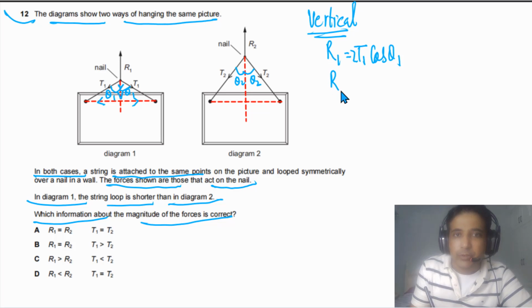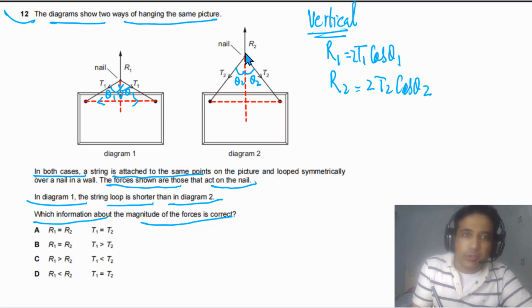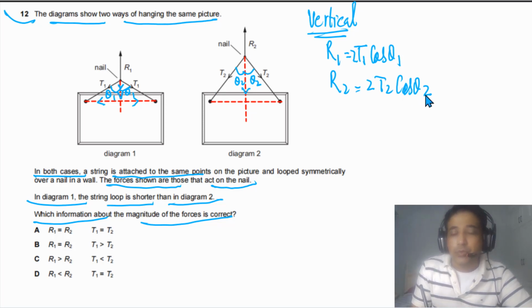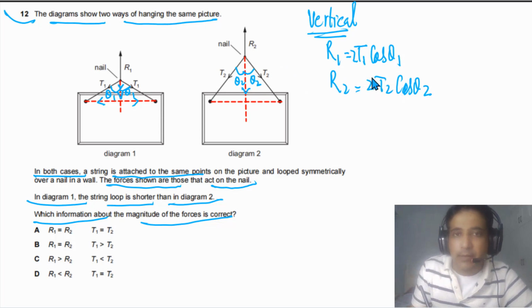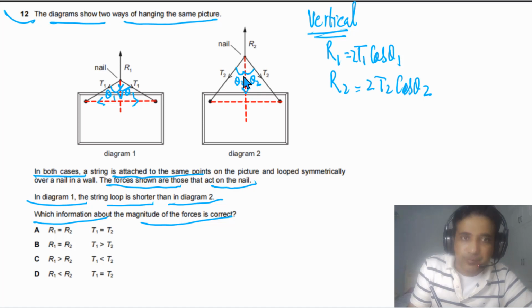And the same we can do for R2. R2 has to be equal to 2 times T2 cosine of theta 2. Cosine, because this component of T2 is with angle. So this one has to be T2 cosine of theta 2. And we have two components, so that's the reason we multiply with 2.